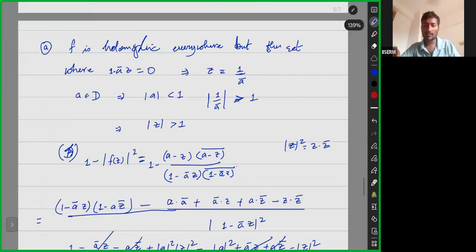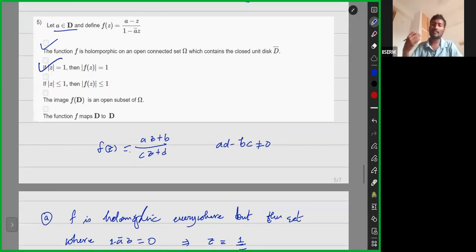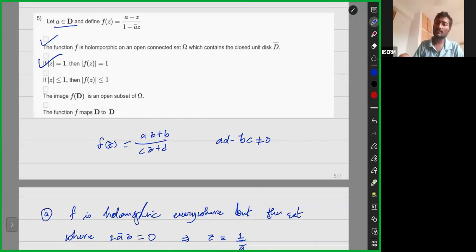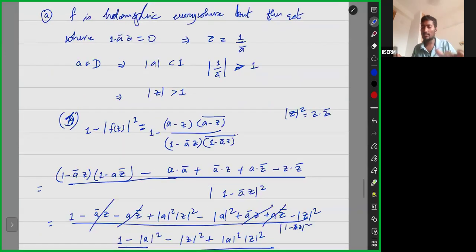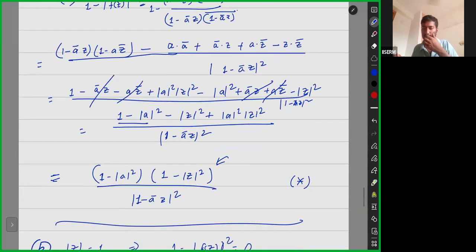Yeah, what are we going to do? Mod of f(z) is less than or equal to 1. The mod of f(z) is less than 1 or bigger than 1, we have to check.